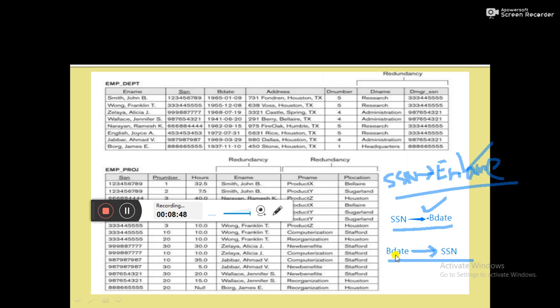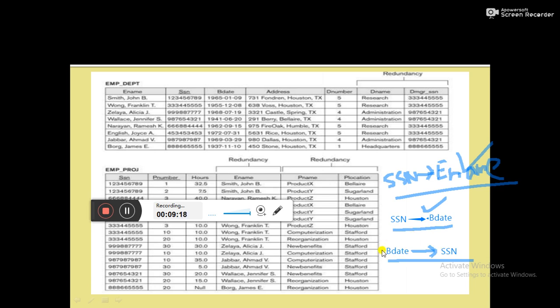So if you provide the birthday, 5th January, is it providing a unique SSN value? No. If you provide birthday 5th January, then it has two SSN values, 1 and 2. SSN 1 corresponds to employee X and SSN 2 to employee Y.